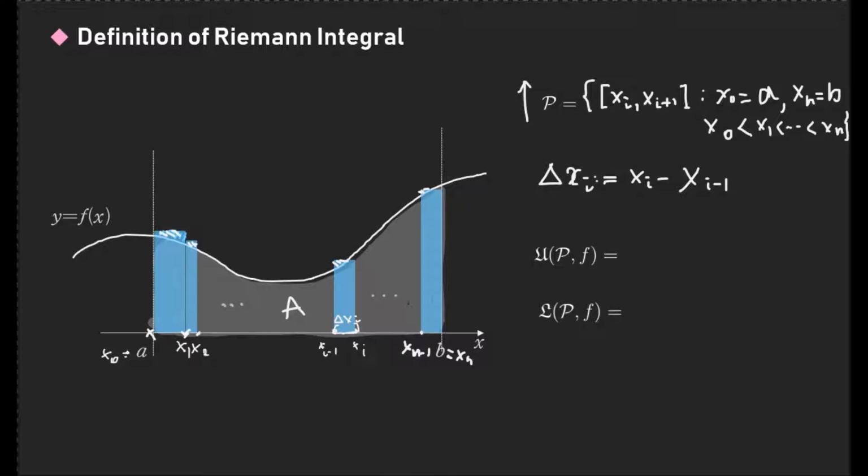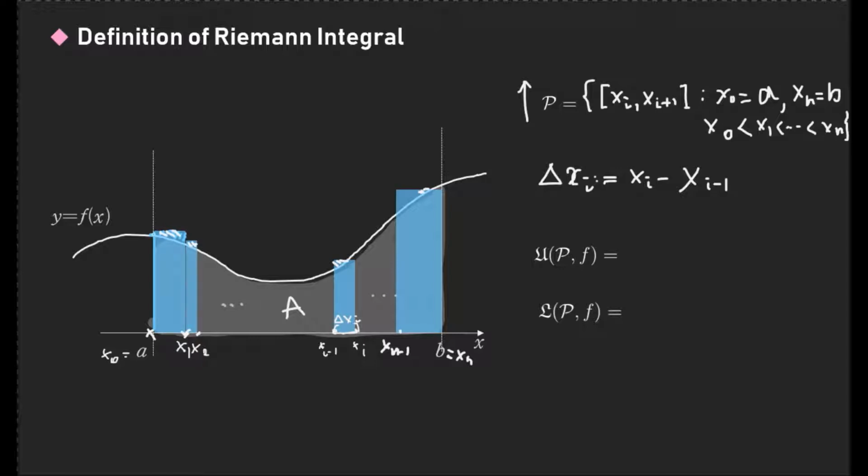In each rectangle, the length is defined here, and as I said, it is arbitrary. And how do we define the height corresponding to this? There are many ways.